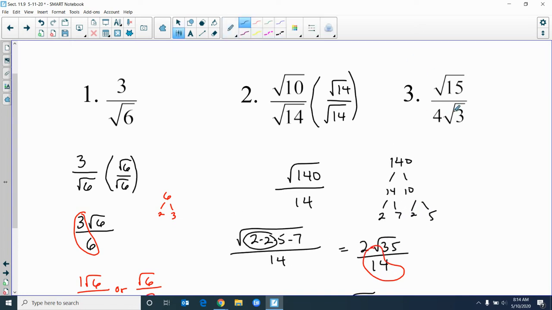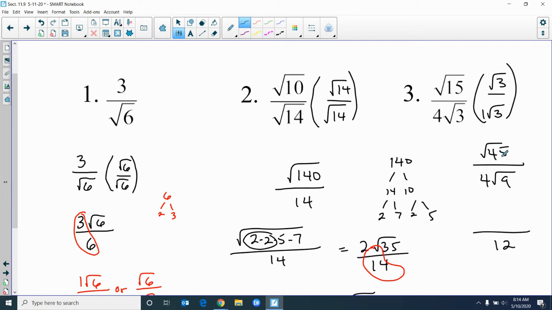Real quick, if you have something other than a square root, say a 4 on the outside, just multiply by the square root of 3. Do not multiply by the 4. That gives me square root of 45. There's a 1 there, so theoretically, here's what you've got: 4 times the square root of 9. But the square root of 9 is 3, and 4 times 3 is 12.